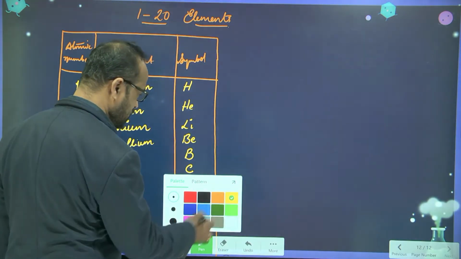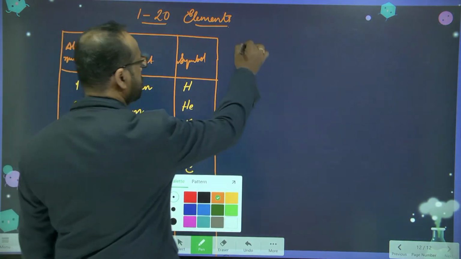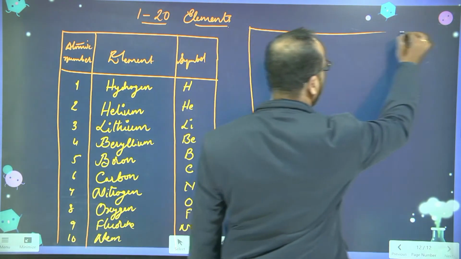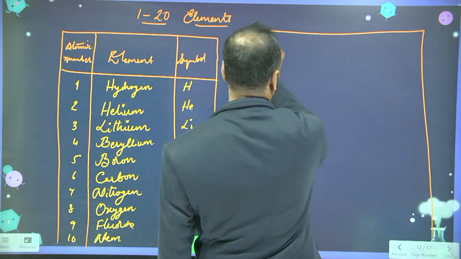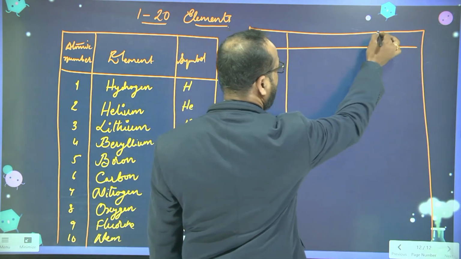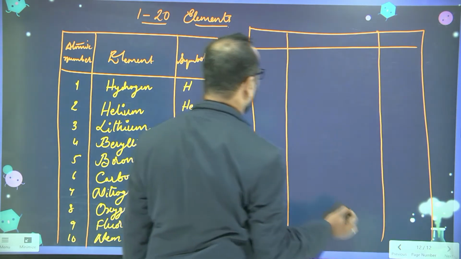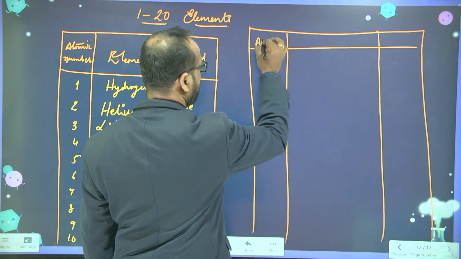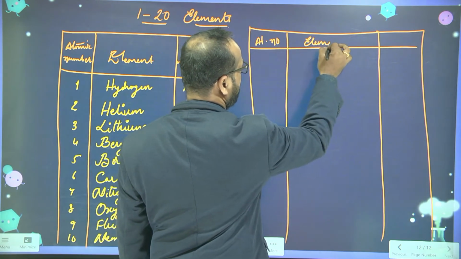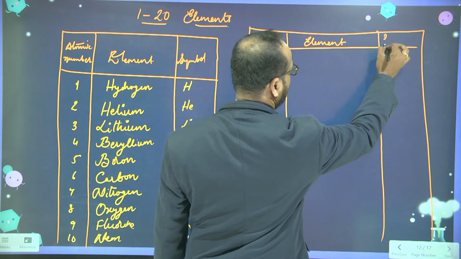First you have to copy this one. So this is atomic number, and here this is the element, and here it is the symbol.